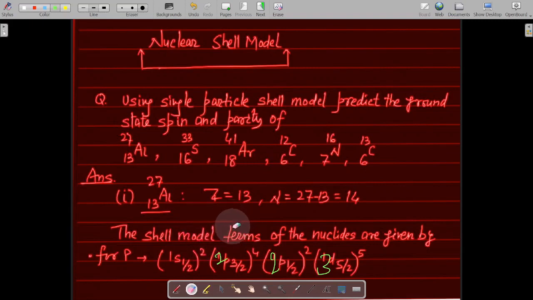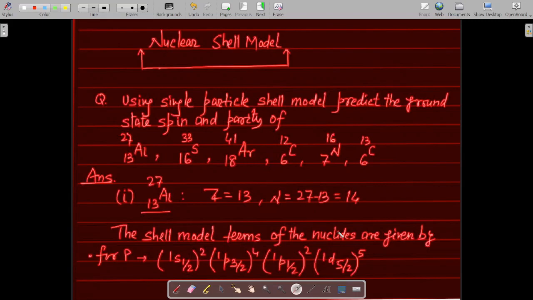So the other convention I also told you. This is according to the convention. In some books this convention is used, and in some other books it is 2 over here, 2 over here, and 3 over here, such a convention, that is the shell number.